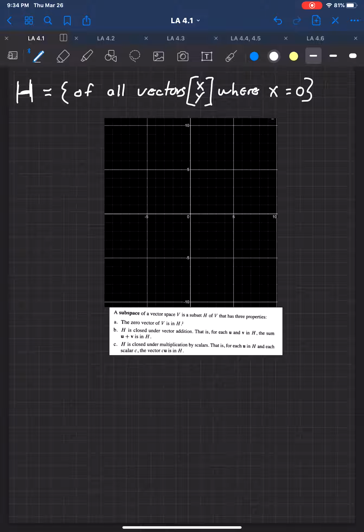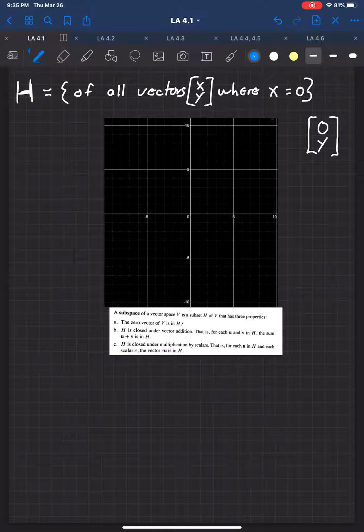Let's write what that would look like. Every vector in H would have a 0 for x, but there's no constraint on y. You can choose any y value you want, but the x value has to always be 0.